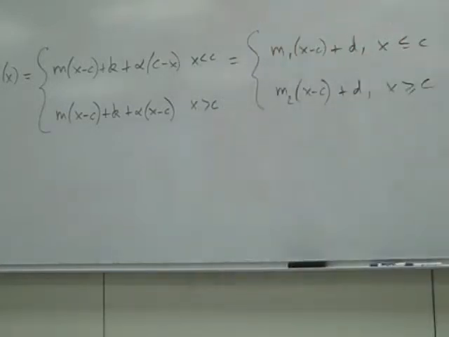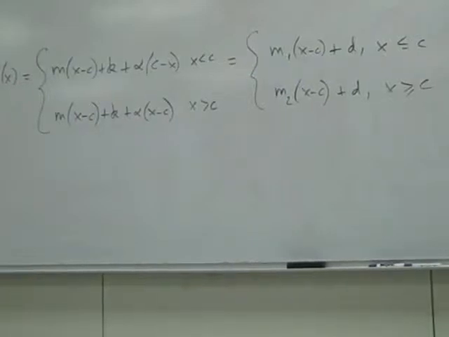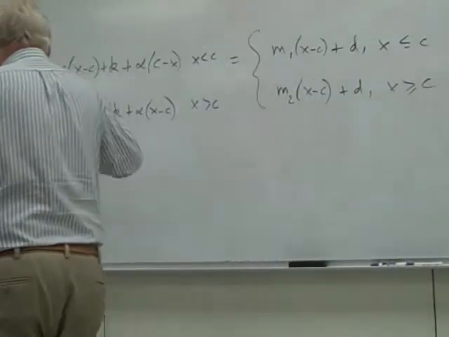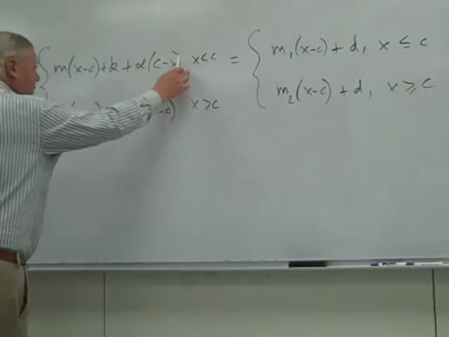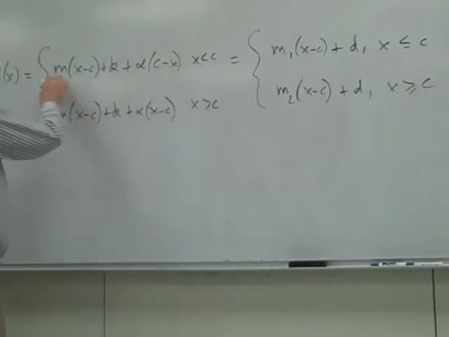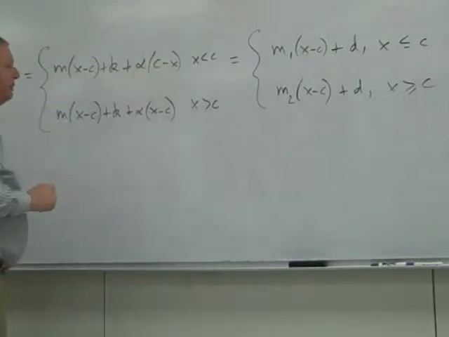Okay, so m1, m2, and d are all given, and m, k, and alpha are free to choose. So let's try matching. The slope of this linear piece is m minus alpha.